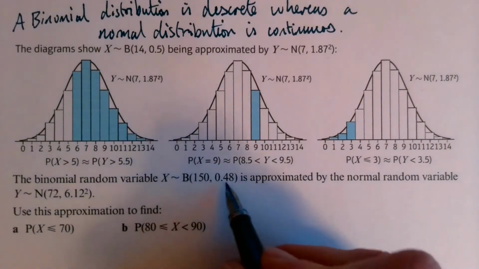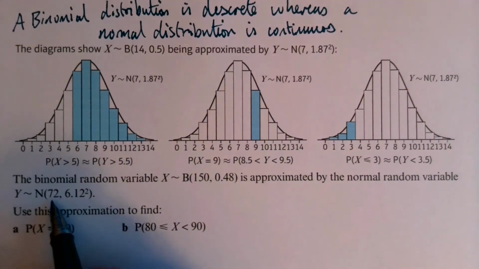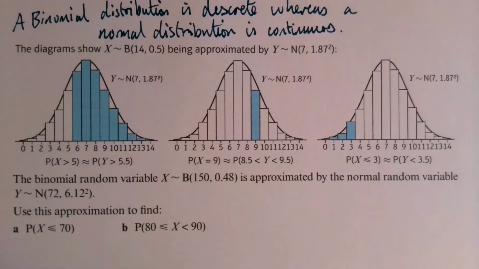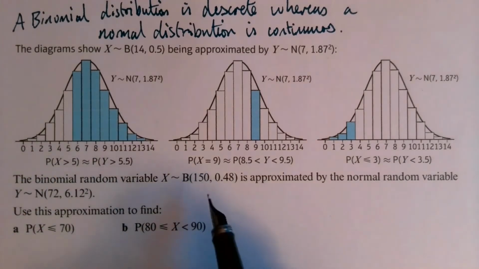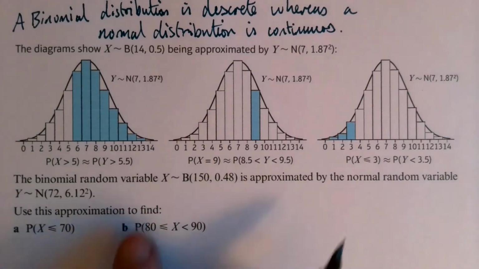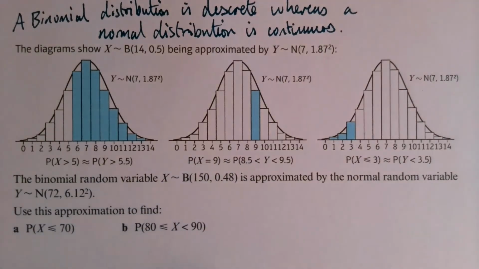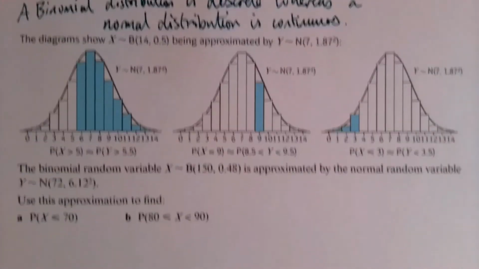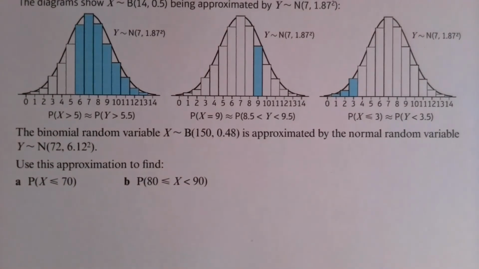If you do 150 times 0.48, you get 72. And if you do the square root of n p times 1 minus p, you get 6.12. So they're saying use this approximation to find the probability that x is less than or equal to 70.